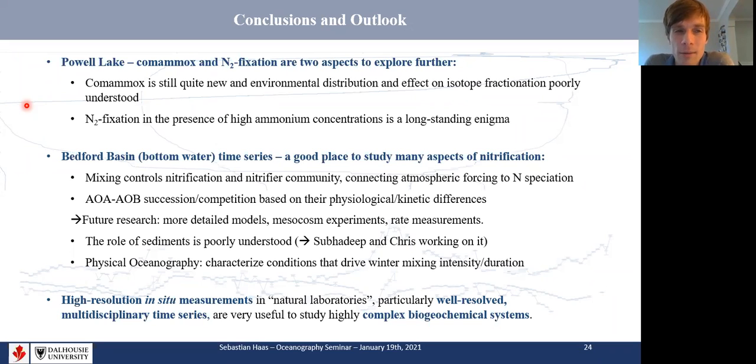Yeah, so I think it's a bit of a stretch to go all the way to the open ocean. I'm assuming you refer to the mixing part of the results and how it affects nitrification, where in the open ocean you don't have the conditions that you kind of need. This intermittent mixing and stratification is the condition you need to get these effects, and it's harder to imagine situations like that in the open ocean.